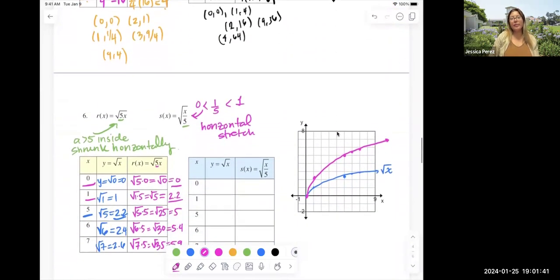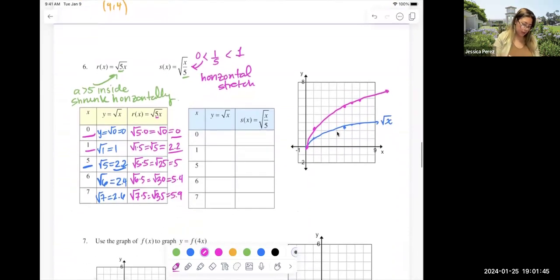So what's the difference between this and the next one that we're going to do? We already have, again, the answers for the blue. The square root of x is 0, 1, the square root of 5, or 2.2, the square root of 6, which is 2.4, the square root of 7, which is 2.6, right? We already did that on that left side. Now, the new part is we have a 1/5. So it's the square root of 1/5 times 0. That's still the square root of 0.